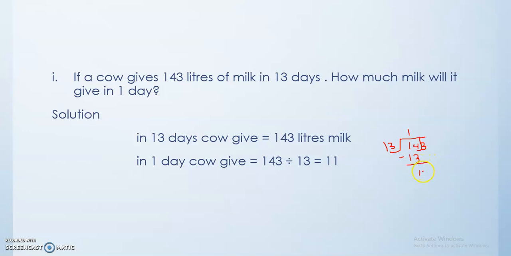Now we cannot divide 1 by 13, so we have to carry down the 3 from the dividend. Now it's 13 and 13 ones are 13. So the answer is 11, which means that the cow gives 11 liters in a day.